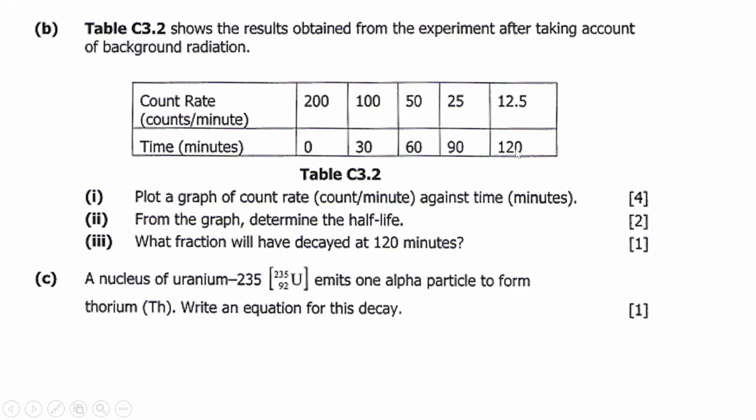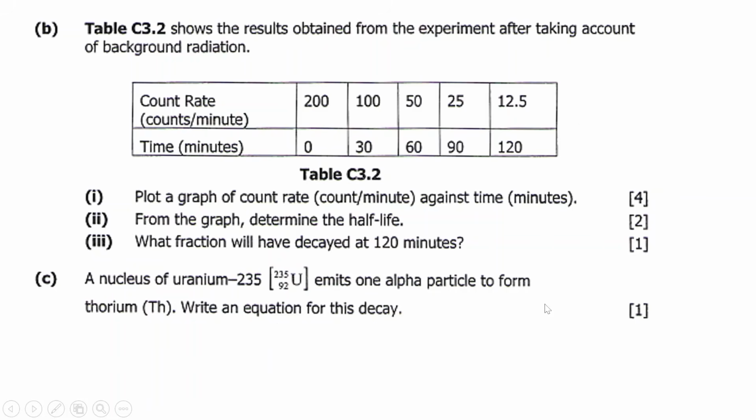Then C, a nucleus of uranium-235 emits one alpha particle to form thorium, which is Th. Write an equation for this decay, 1 mark.